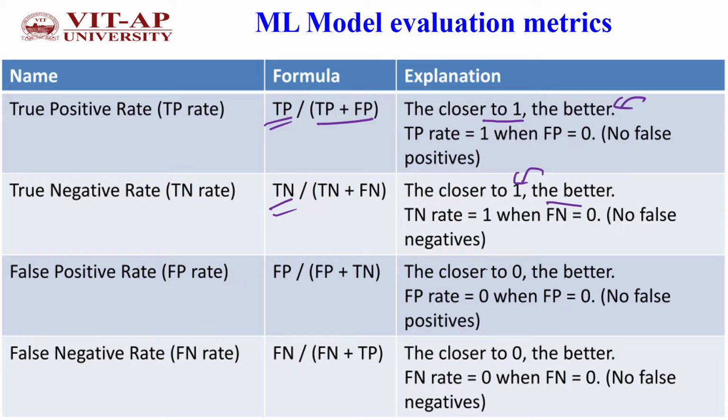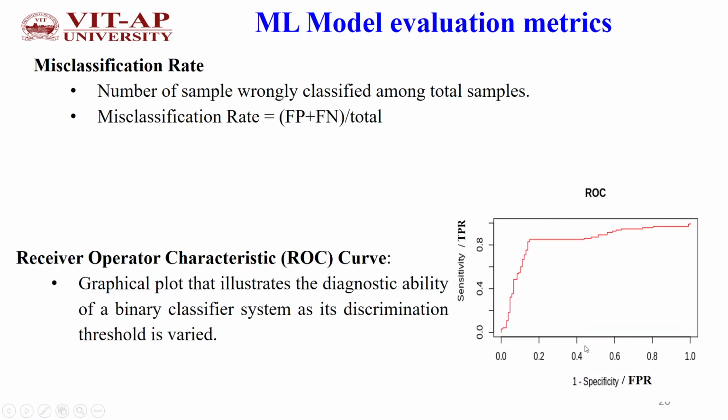False positive rate, if it is close to 0, the model is better. False negative rate also, if it is close to 0, the model is better. And the misclassification rate is calculated by false positive plus false negative divided by the total number of samples. The total number of samples can be written as true positive plus true negative plus false positive plus false negative.